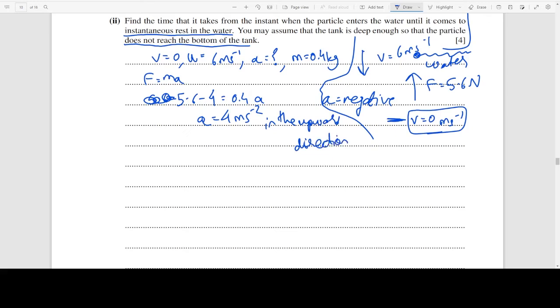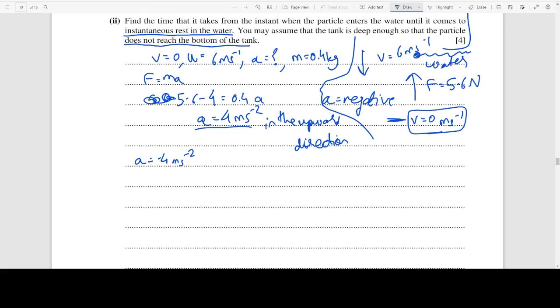Even if you see this upthrust, which is 5.6 Newton, is greater than the weight, 4 Newton. So we know that this is going to be deceleration, which will stop the object down. So we got a as 4. We'll actually use a as negative 4 meters per second squared because the object is decelerating.